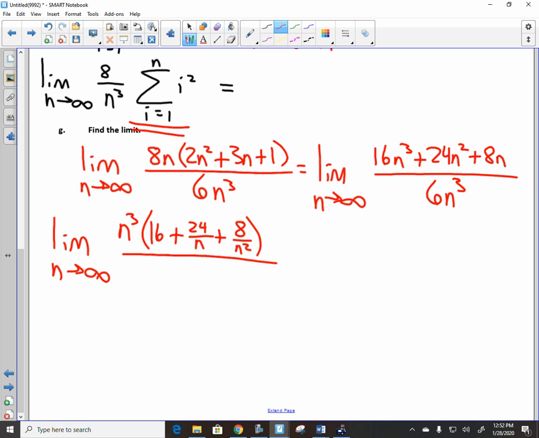Over what? 6n cubed. What happens to the n cubes? Cancel. I'm going to let n go to infinity. When n goes to infinity, what happens? Those go away. What are you left with?